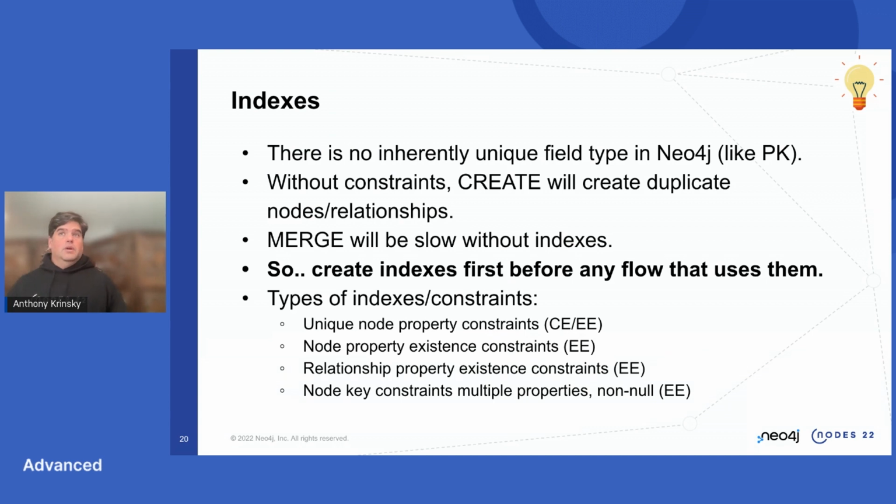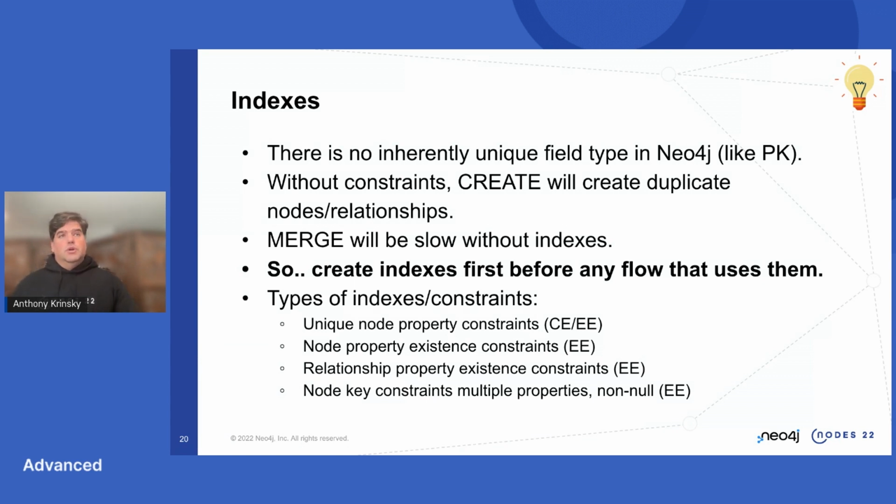All right. So if you're coming from the relational world, you're accustomed to data types like a primary key type sometimes. That doesn't exist in Neo4j natively. So without constraints, you will create duplicate nodes and relationships. So you could create Sam 100 times inadvertently if the word Sam was not on a uniquely constrained property.